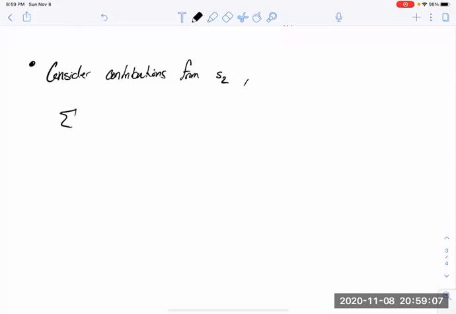So that term, sum over S2, e to the K, S1 S2 plus S2 S3. Those are all of the terms in the partition function sum that have to do with S2.